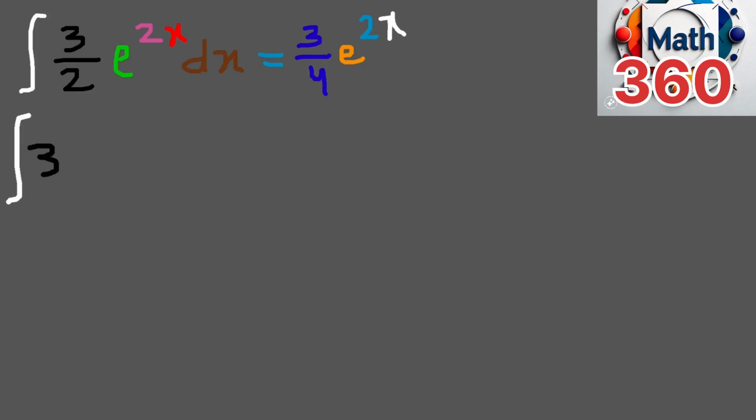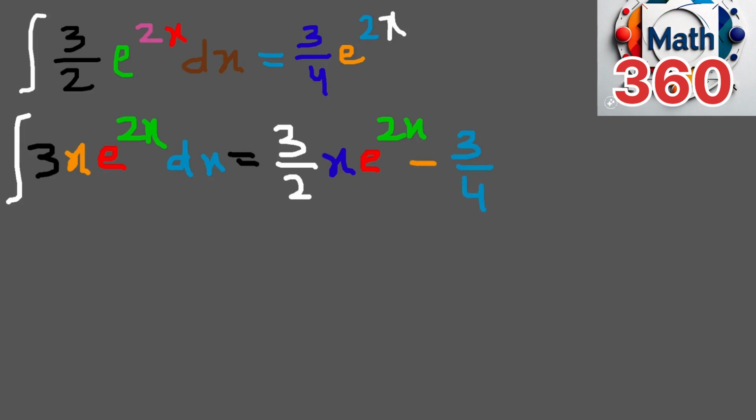So the integral of 3/2 e raised to the power 2x with respect to x equals 3/4 e raised to the power 2x. Substitute this back into the integral by parts. We get 3/2 times x times e raised to the power 2x minus 3/4 e raised to the power 2x plus c, where c is the constant of integration.